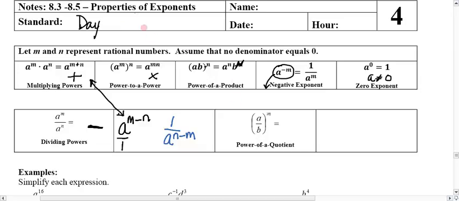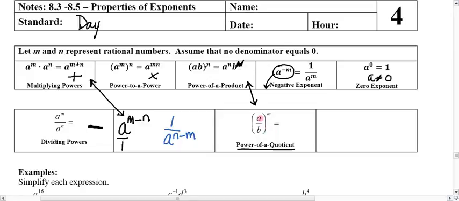All right, and the last one we're going to talk about here is the power of a quotient, which is very similar to power of a product. Again, product being multiplication and quotient being division. There's an inverse relationship here, which says that when we have more than one base being raised to the power of n, every base gets that power of n.